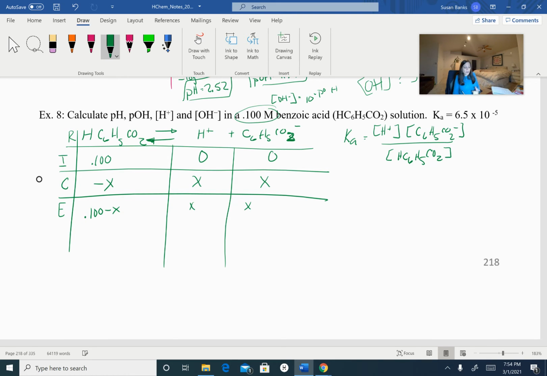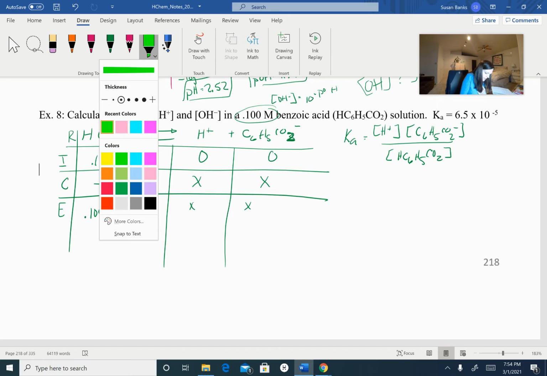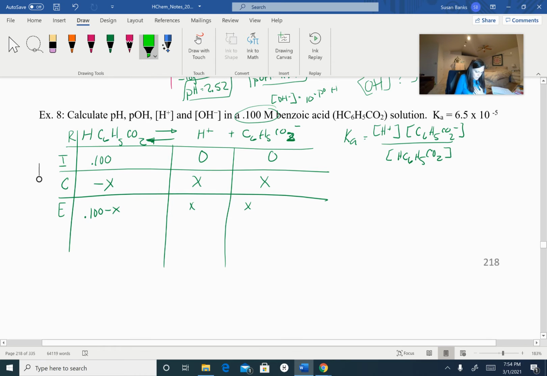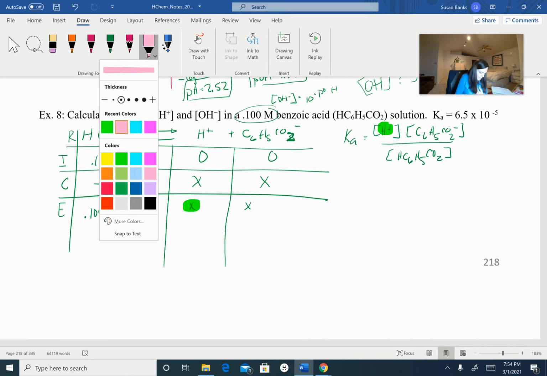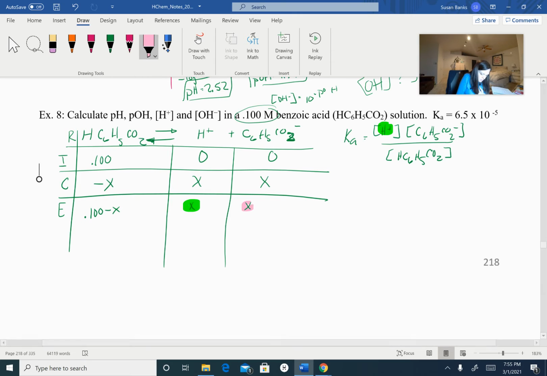Now I can start plugging things in. Hydrogen, X, is going to go right there. Benzoate goes there. Benzoic acid goes there.